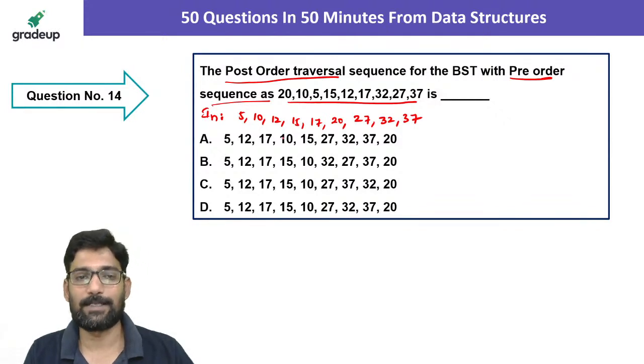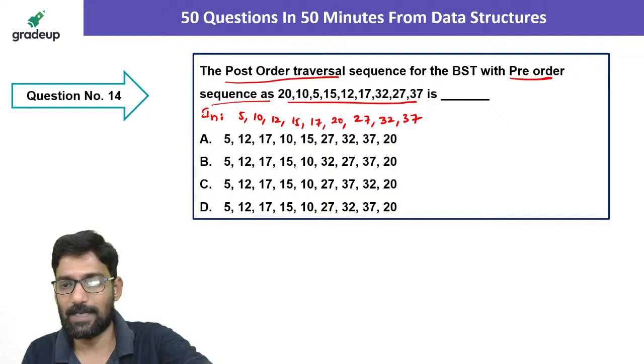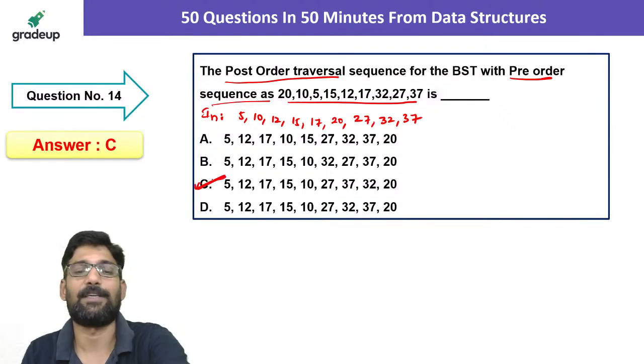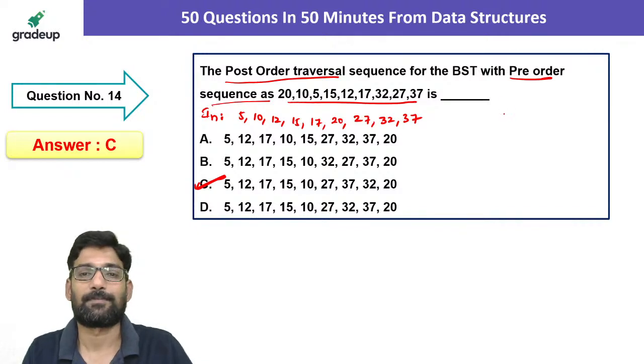So what is the right answer? I want everybody to give your answers. Quick. The right answer is option C. Okay. So we have got pre-order sequence.